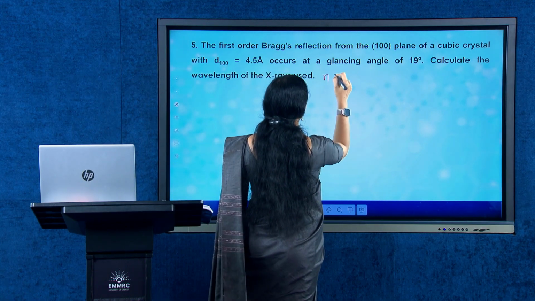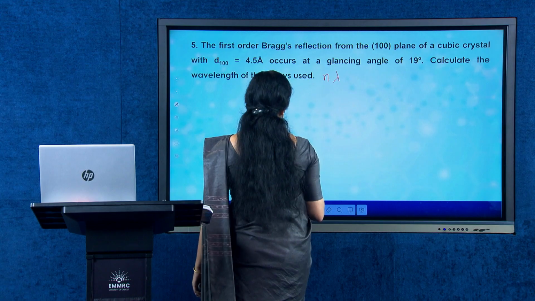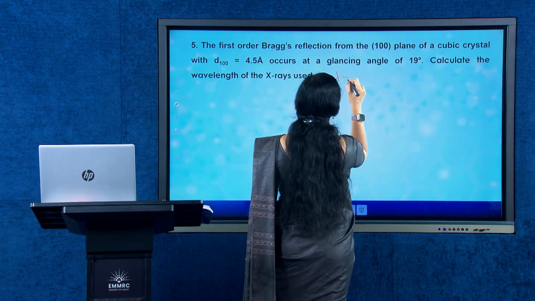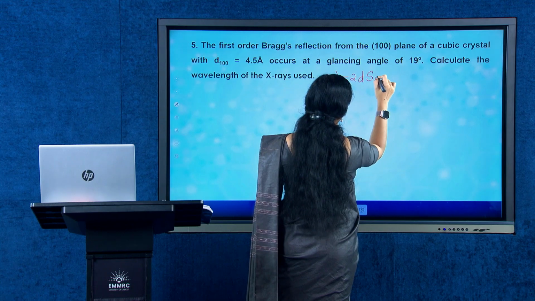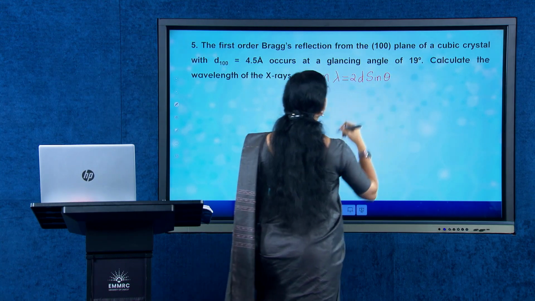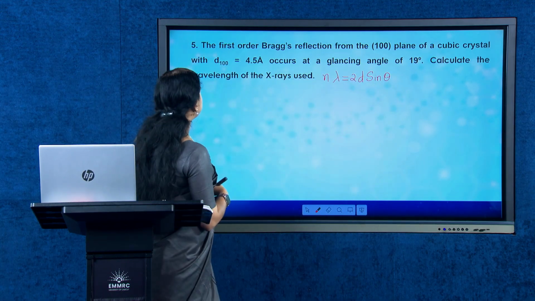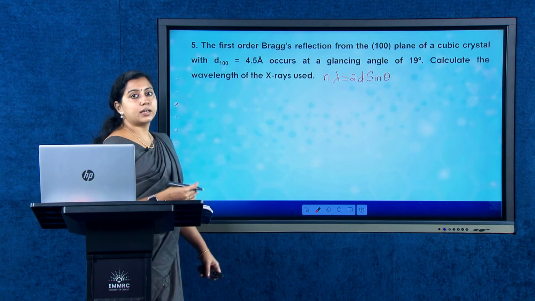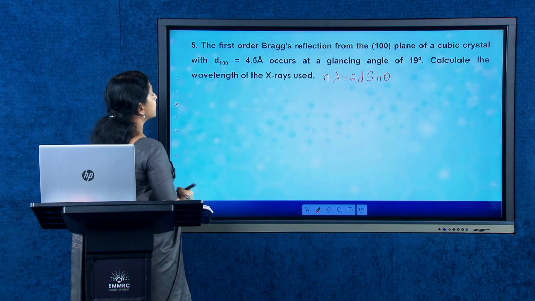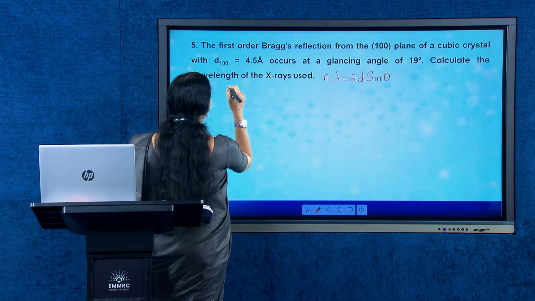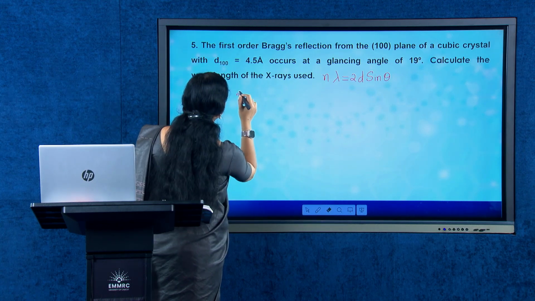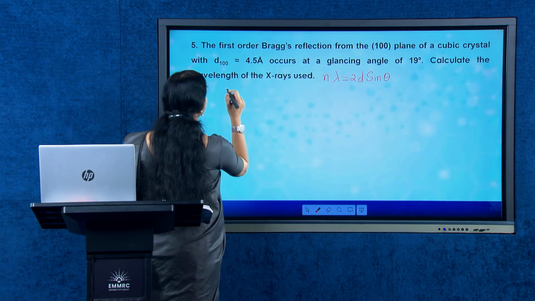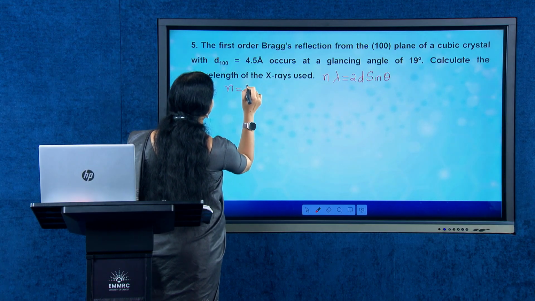We have n lambda equals 2d sin theta. First, let us write the known parameters. It is a first order diffraction. So, we have n is equal to 1.